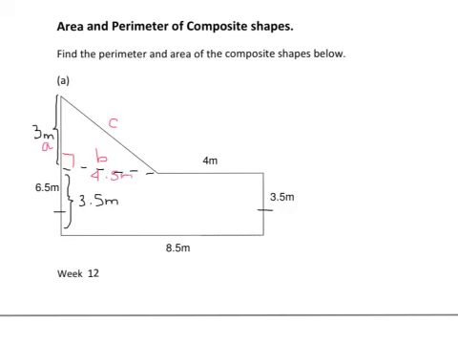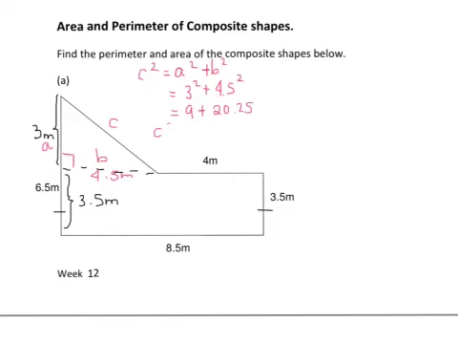Okay, so we've got a right-angled triangle, and we've got one side we need to calculate. That's the hypotenuse. That's side C. So we've got C squared equals A squared plus B squared. That's Pythagoras' theorem, if you remember. Now A is 3 metres, so 3 squared plus B is 4.5 metres, so 3 squared plus 4.5 squared is 9 plus 20.25.